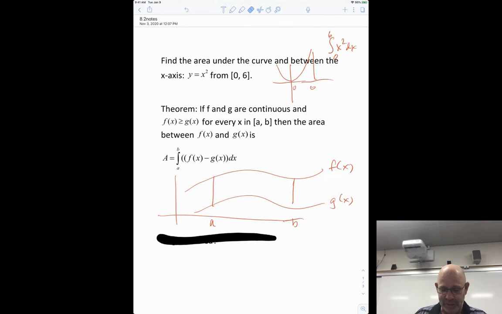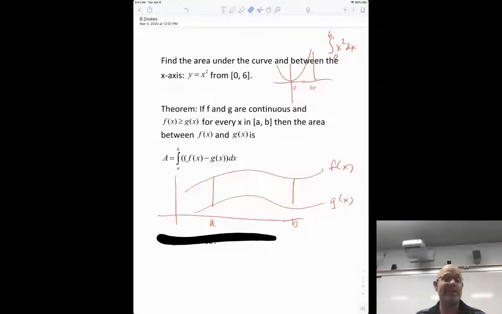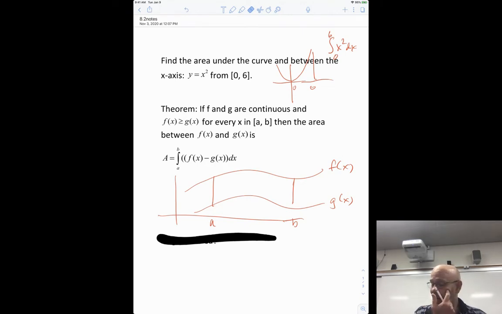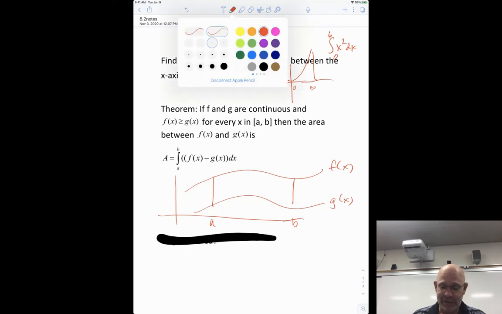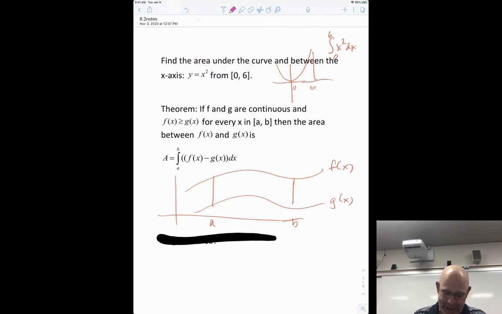The theorem says that in order to find the area between those two curves, we're just going to integrate f of x minus g of x. And if you think logically about this, it should make sense. Watch the little color here. If I were to shade in all of that, that's just the integral of f of x from a to b.